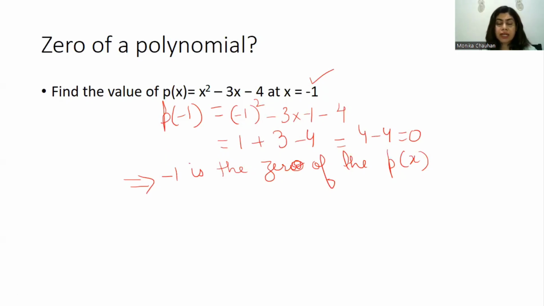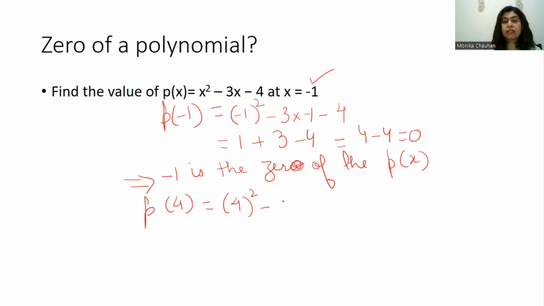Now, similarly, suppose I got 0 when I put the value for x as -1. Are there any other values which give me 0? Will you try it? Let me say if I put the value for this variable as 4, let's check. In place of x, you need to put the value for x as 4. So x square means 4 square.